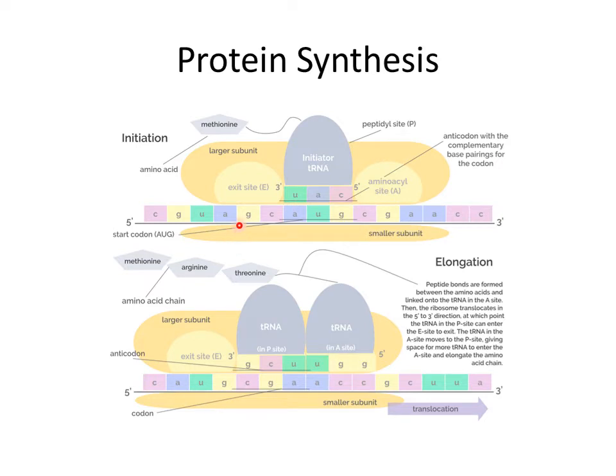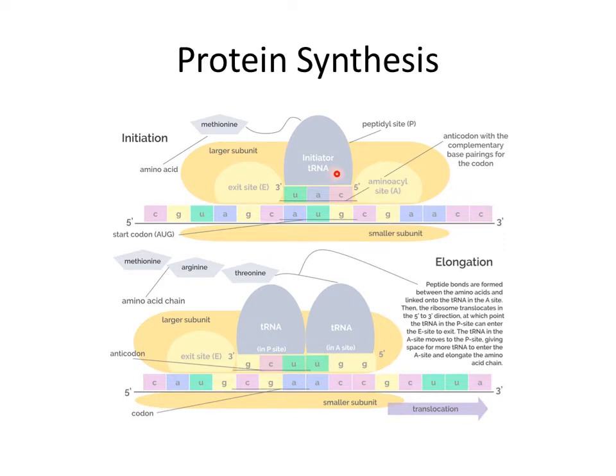Now, first let's briefly review the pathway of protein synthesis. When protein synthesis begins, three structures come together: the ribosome, consisting of the larger subunit with its aminoacyl site, its P site and its E site, and the smaller 30S subunit; the mRNA or messenger RNA; and the transfer RNA or tRNA.